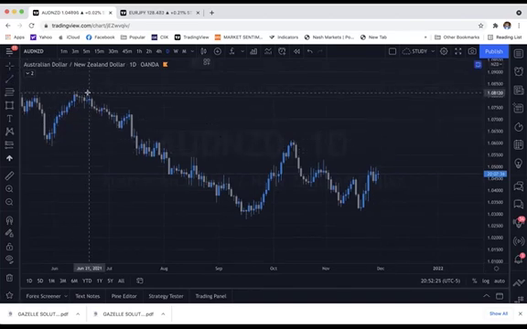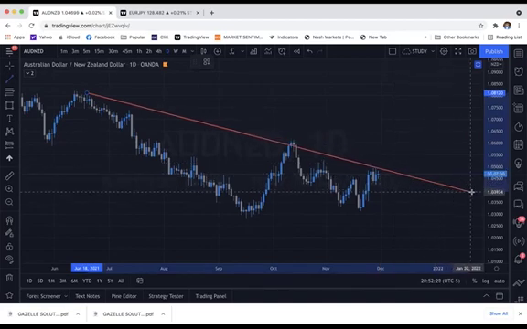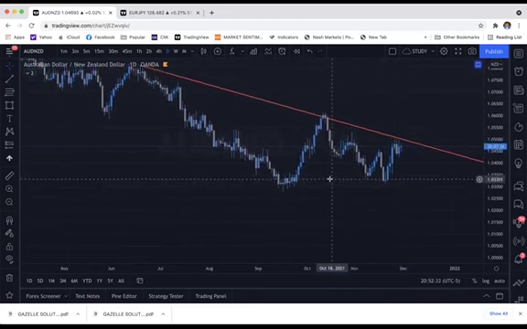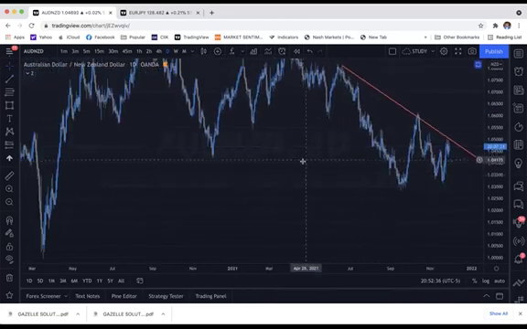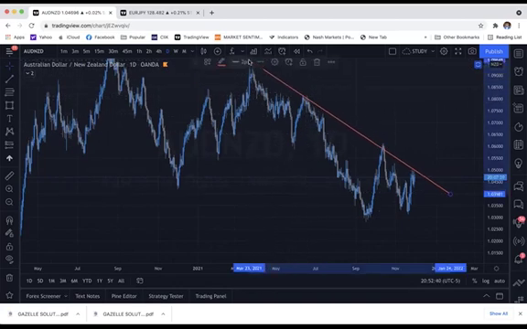You see, every trend has a bunch of little trends within the trend, zips and zags.